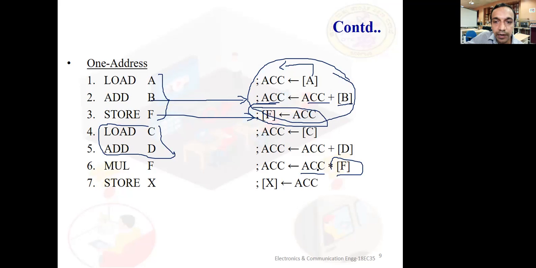So you multiply the C plus D result, which is in accumulator, with A plus B result, and again store it in accumulator only. But you need the output in memory location X. So you store it in X, that is, copy from accumulator to that location.